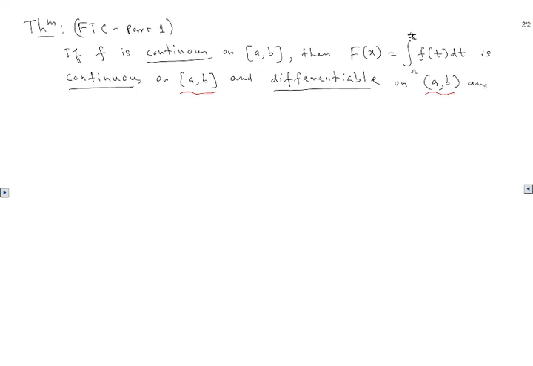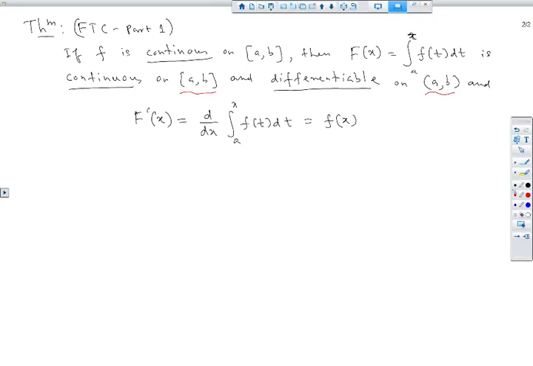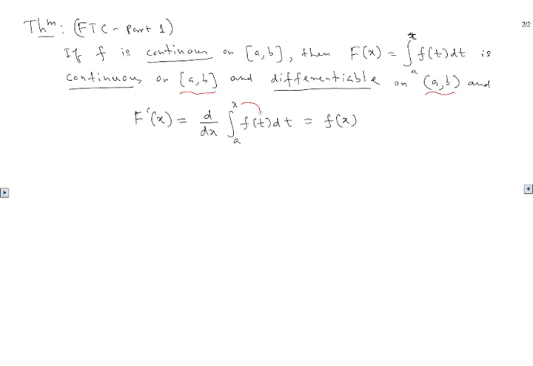And the derivative of F, which is F prime, is simply given by the derivative of the integral from a to x of f(t) dt. So it is simply f(x). You simply replace t by x, put x in there, and it's going to give you the function.